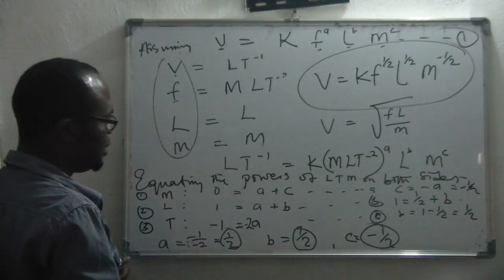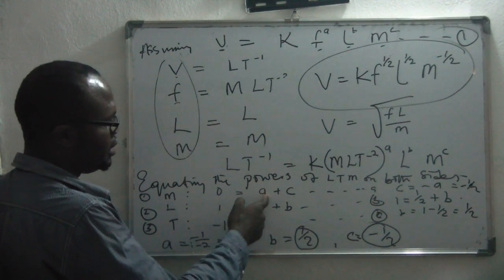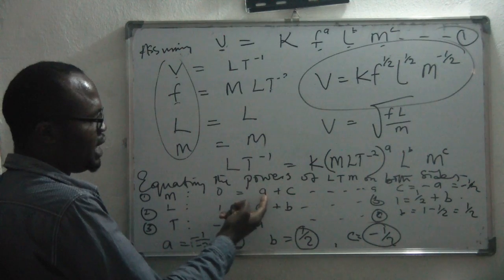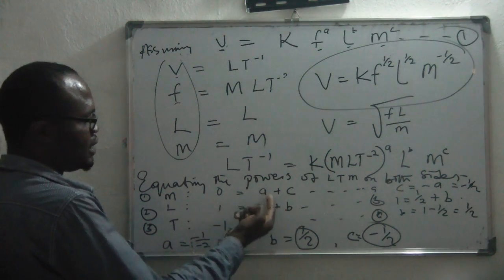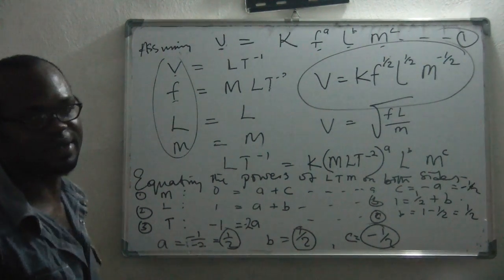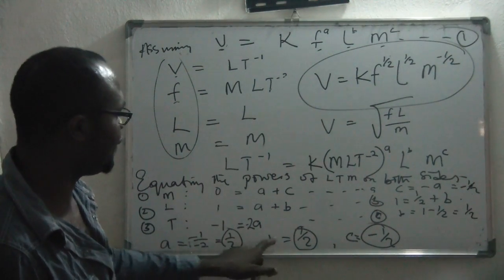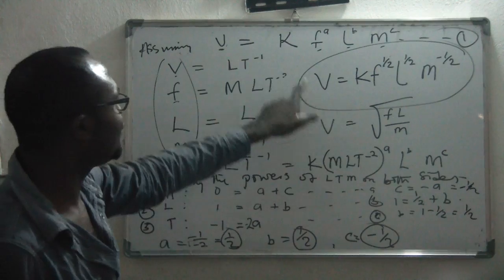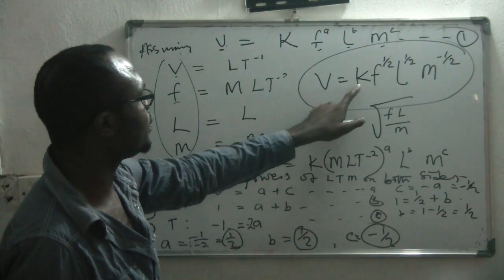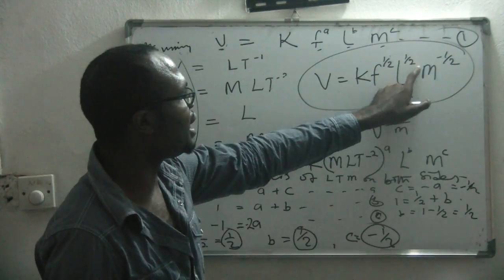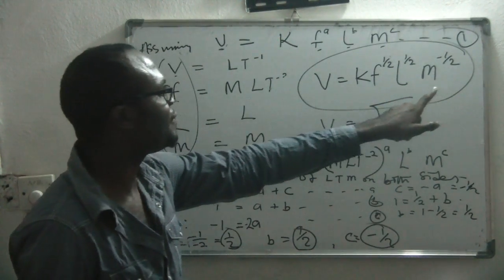So if we do the same here, we will put the value of A here. A is already half. To make C the subject, you carry this one and go over here. We have minus half. So if you replace all those values, half and minus half, here we have V equal to K, F to power half, L to power half, and M to power minus half.